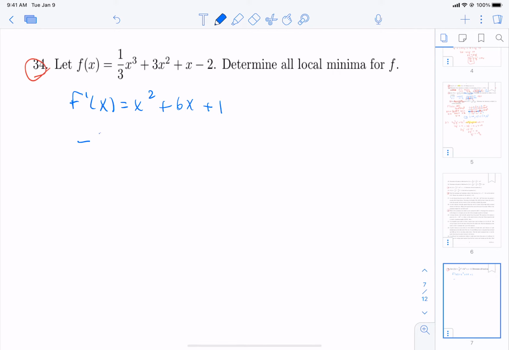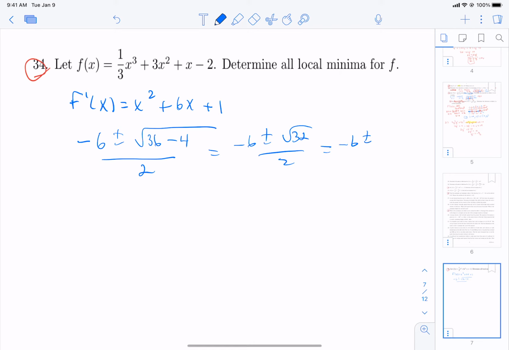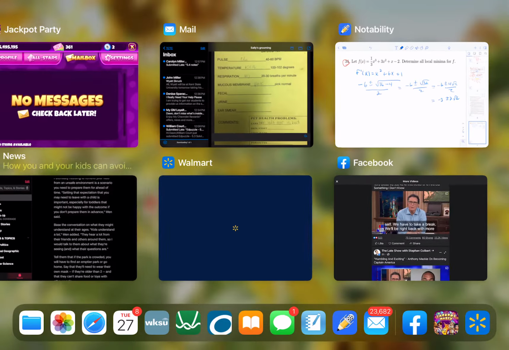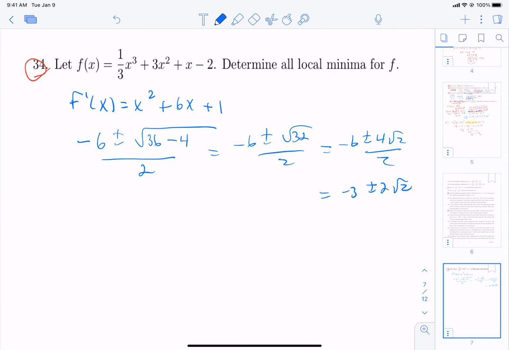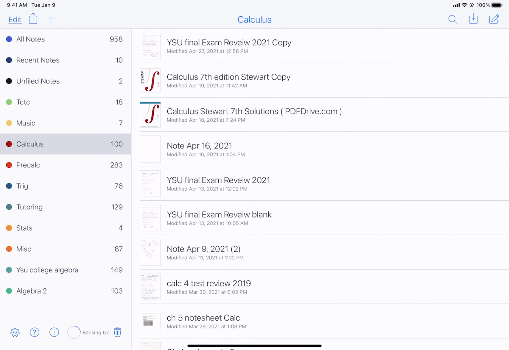Negative b plus or minus the square root of b squared minus 4 times a times c, all over 2a.